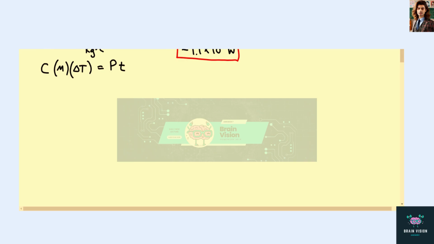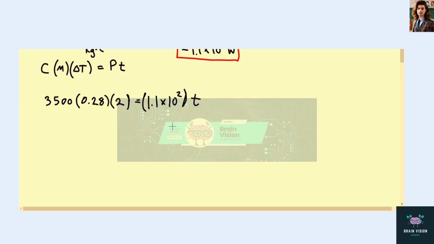We can go ahead and just start plugging things in for this. We've got 3,500 times the mass times the change in the temperature, so just 2 degrees Celsius. And all of that is going to be equal to this power multiplied by the time, t, which is what we're trying to look for.